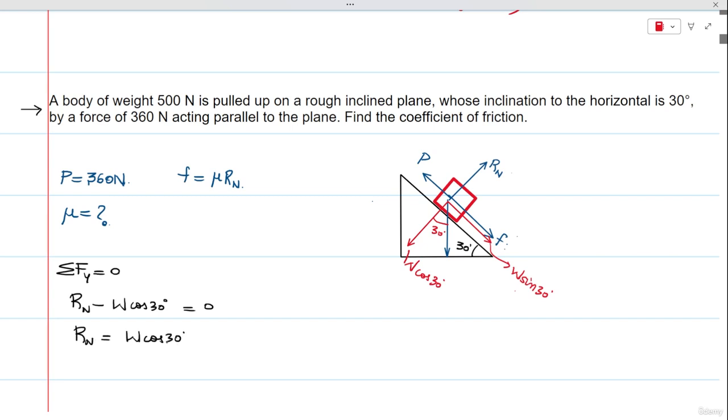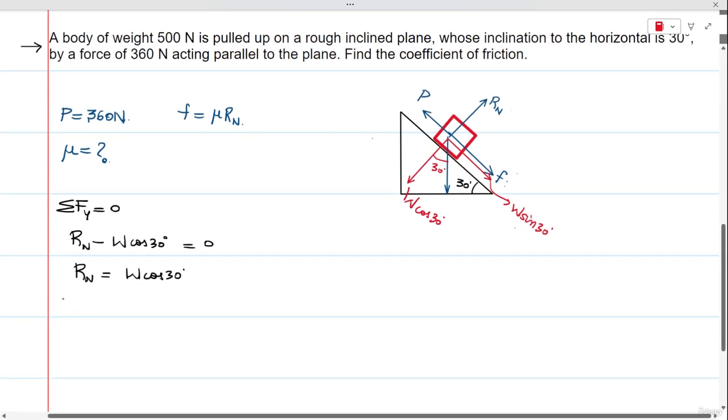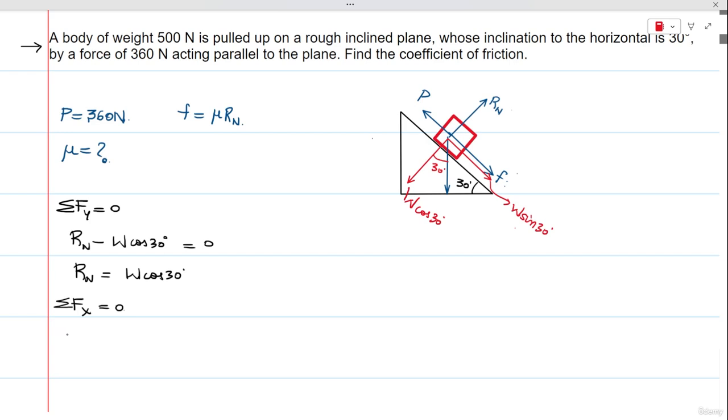Same way we need to take equilibrium of forces in the x direction, that is sigma Fx equal to 0. That is, P is the applied force, against that friction is going to act, and the component of weight, that is W sin 30. This is equal to 0.